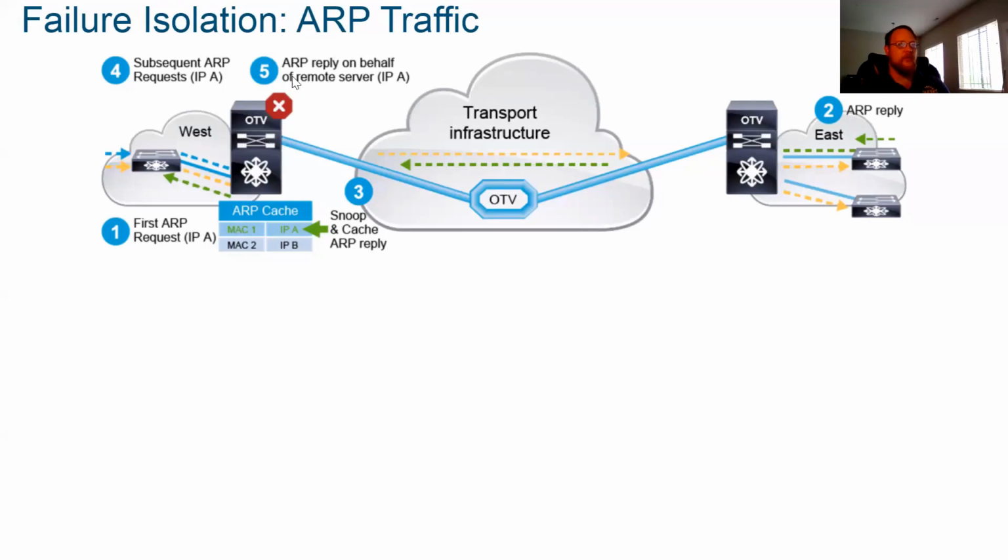This device will respond on behalf of the remote server. Now, I do want to make a mention here that if you have not learned that MAC address yet, and you are permitting ARPs, then yes, that first ARP will go through, it will respond, but we will cache it because now we know it's a valid ARP request and reply, right? You kind of got to validate that before it becomes a thing.